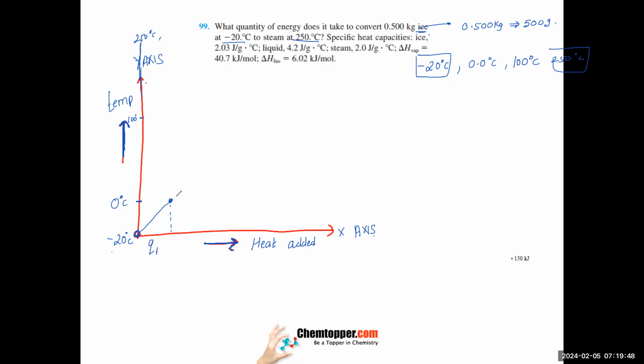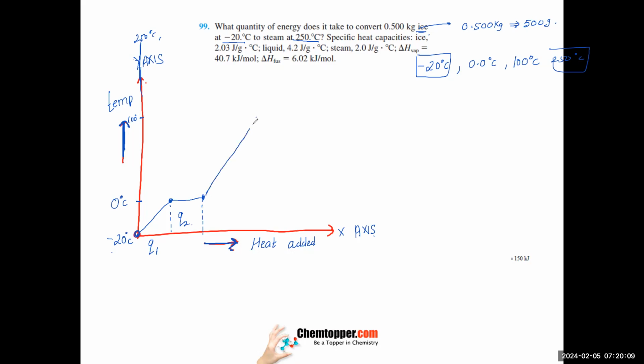What happens at 0? It will become flat. And this is Q2. Then after that, up to 100, it will go up.